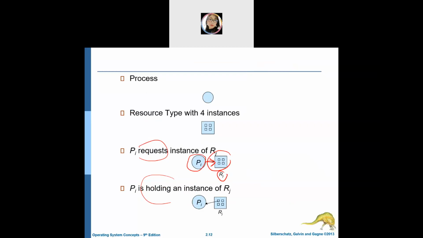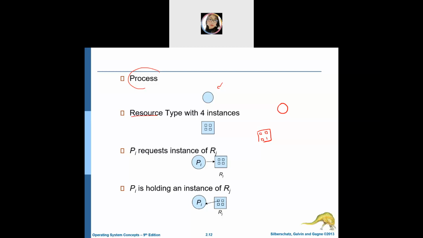For visualization, a process we can draw as a circle like that. A resource we can draw as a square or a box. You can see there is another square inside.